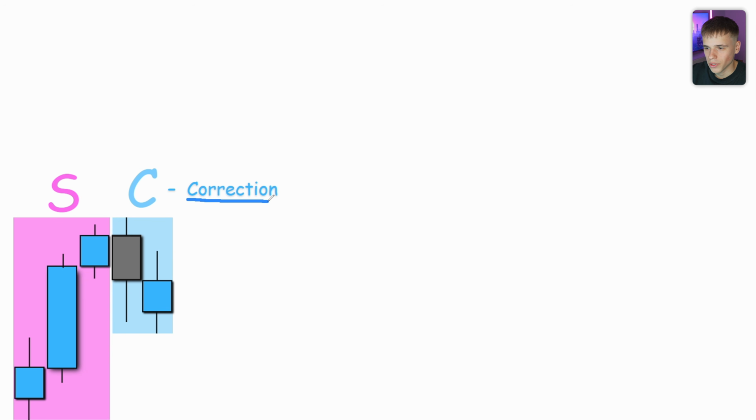The next step is going to be correction. So C is going to stand for correction, and what is that going to actually be? So market is always going to make structure, so it's always going to head either to the upside or to the downside. But the key point is that we need to know that when the structure occurs, we want to see some kind of correction in the market. So market cannot just pump to the upside like this straight forever.